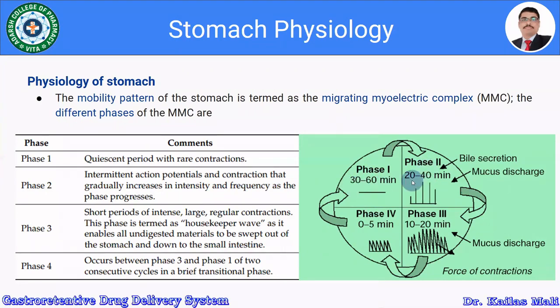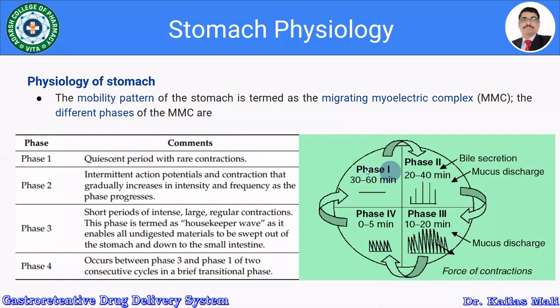Phase 2 lasts for 20 to 40 minutes. Phase 3 lasts for 10 to 20 minutes, and phase 4 is very short, that is 0 to 5 minutes. In the case of phase 2, there is bile secretion and mucus discharge. In the case of phase 3, there is mucus discharge and the force of contractions.